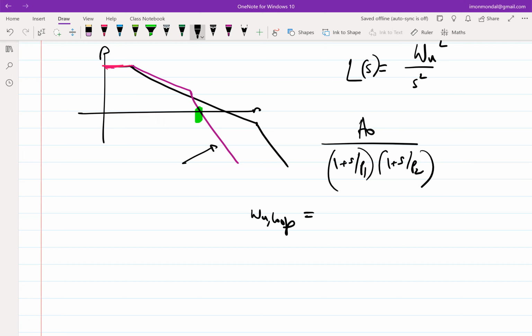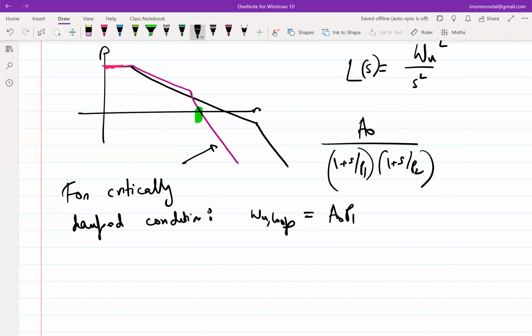This is for critically damped. A naught P1. For zeta equal to 1, what is the relation between P1, P2, A naught?